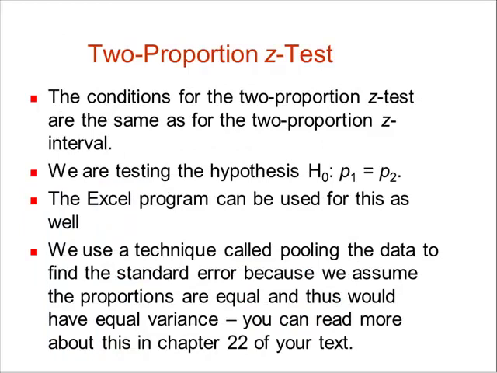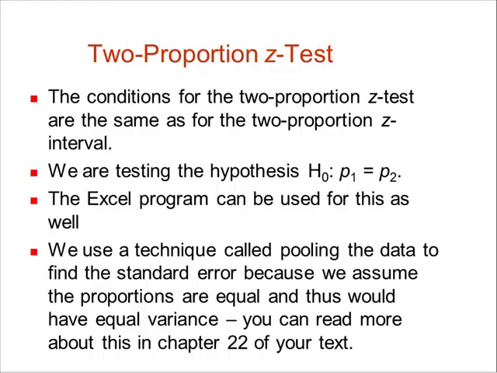So the 2 proportion z-test is similar to the 2 proportion z-interval. The conditions for the 2 proportion z-test are the same as for the 2 proportion z-interval. But the hypothesis that you're testing, the null hypothesis, is that P1 and P2 are equal. And we have an Excel program. I wrote the program for you that will help you compute this.